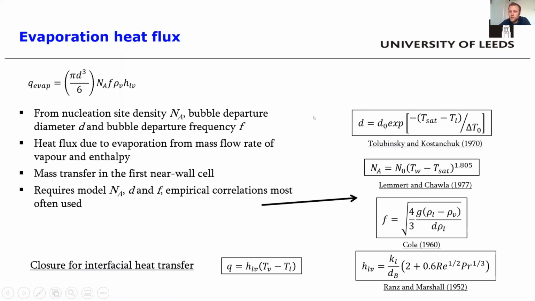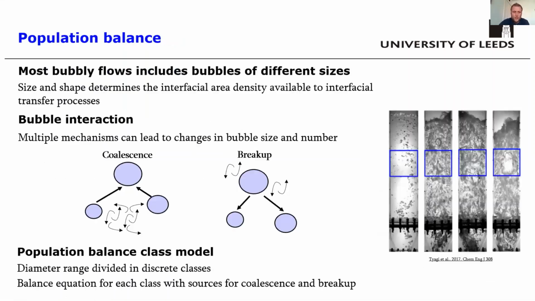And these are the models that are available in OpenFOAM and that I've used in this tutorial. Also, when bubbles detach, they join the liquid and exchange heat with the liquid. So we need to model also this heat transfer. And this is done with an additional model for interfacial heat transfer that is, again, closed using an empirical correlation.